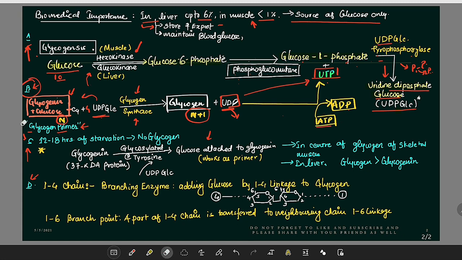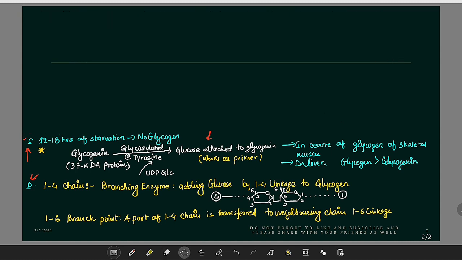Now, if I take a moment to set aside the remaining steps, there is a situation in our body: if we are starving for more than 12 to 18 hours, there is no glycogen available in our body. As we saw in the previous section, we need a glycogen primer to add UDP glucose onto the carbon 4 end of the primer.